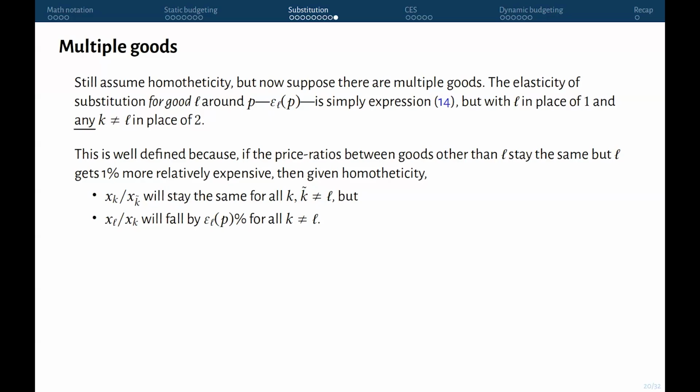Okay. And you're saying we will buy 1% less of it.